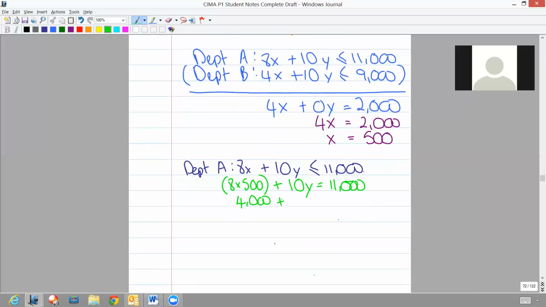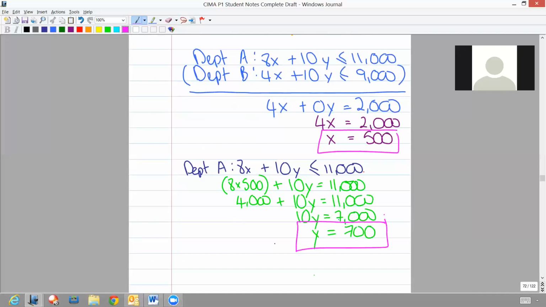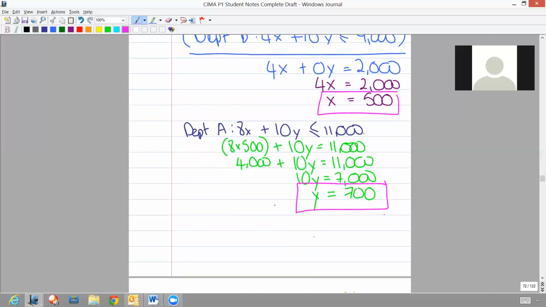Therefore, 4,000 plus 10y is 11,000. Therefore, 10y must equal 7,000 because 11 less 4 is 7. So the value of y must equal 700. So what you've got is the value for x and the value for y, and that is what you've been trying to do all along.